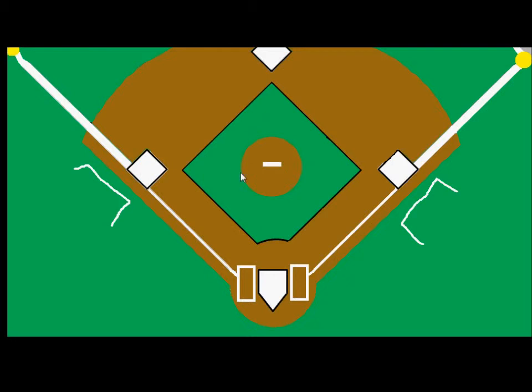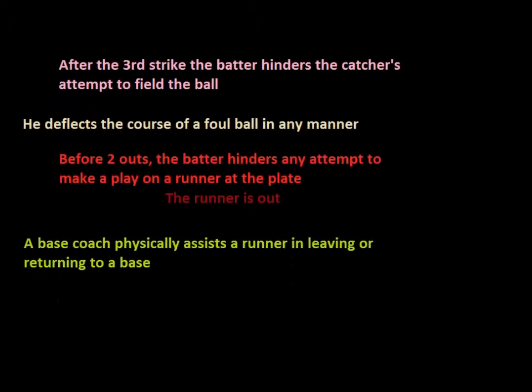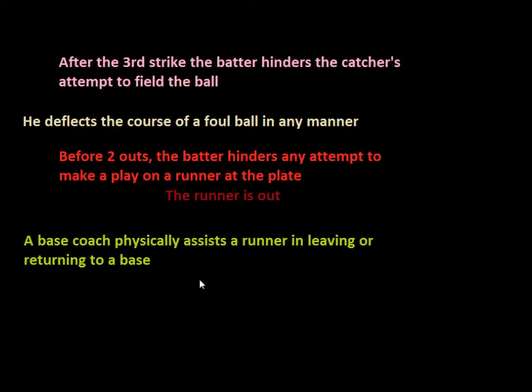Sometimes if somebody hits a home run and a player gives a high five to the base coach, some people get upset and say the coach touched him, so it's interference. But that's not the case, because the coach is not physically assisting him in his trip around the bases.